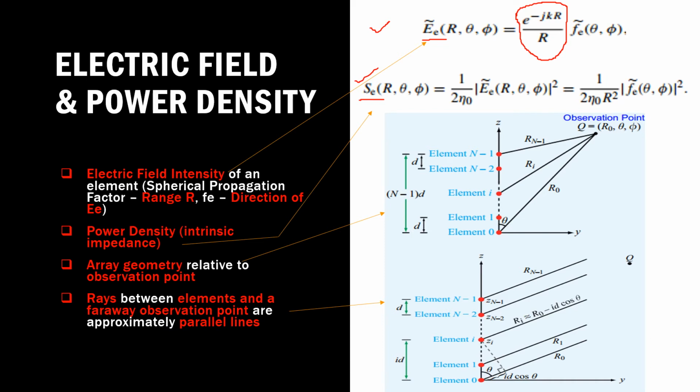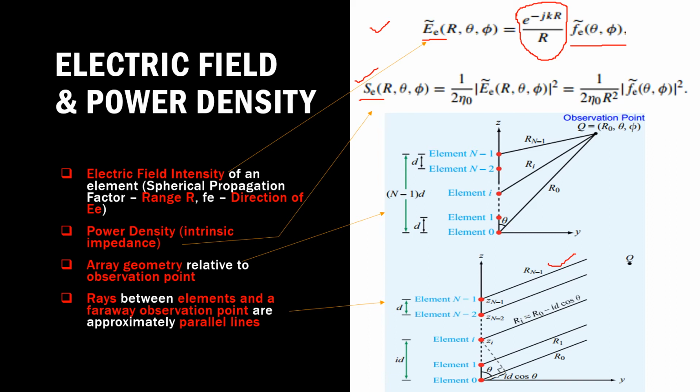But in the far field approximation, we are considering the waves to be parallel to each other, so the distance or the range will be the same, r. The second factor, Fe, depends upon the direction of the electric field intensity.